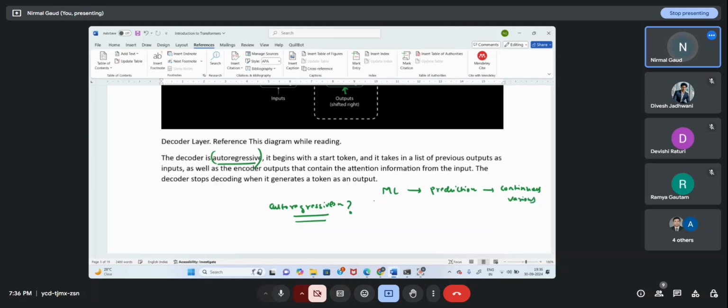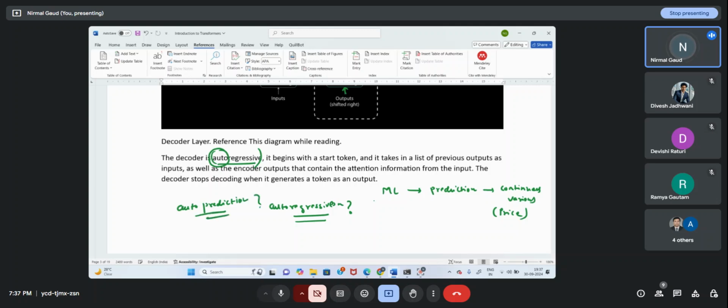For example, house price prediction is a regression problem, where we find the price of a house. Here also the decoder is predicting something, and it is predicting automatically. So, auto prediction.